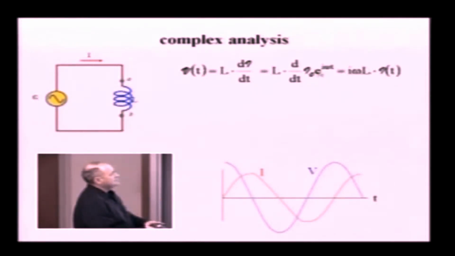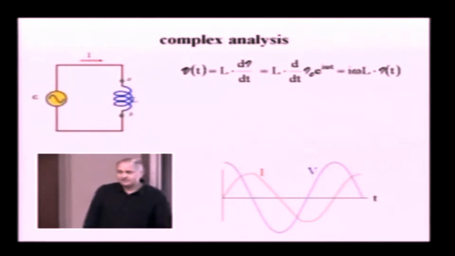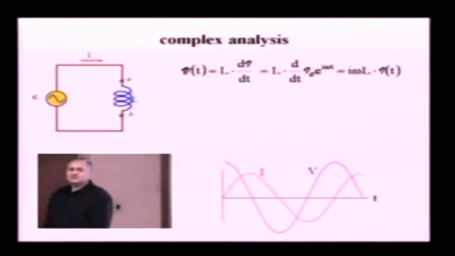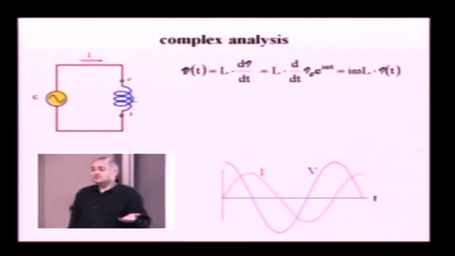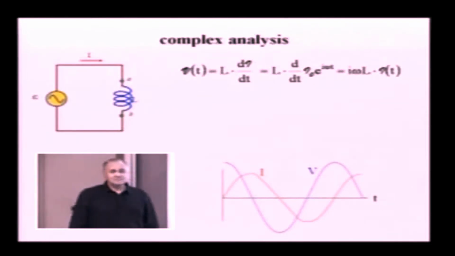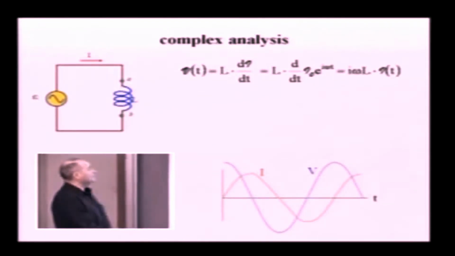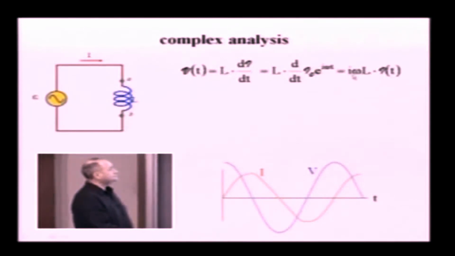External function is exponential, internal function is linear, and the coefficient in front of the variable is i omega. So the derivative of the internal function will be just i omega. And exponential function has this property that when you calculate the derivative of exponential function you get again exponential function, so calculating derivative of exponential function is equivalent to multiplying the function by a certain constant. Well, that constant here is i omega.